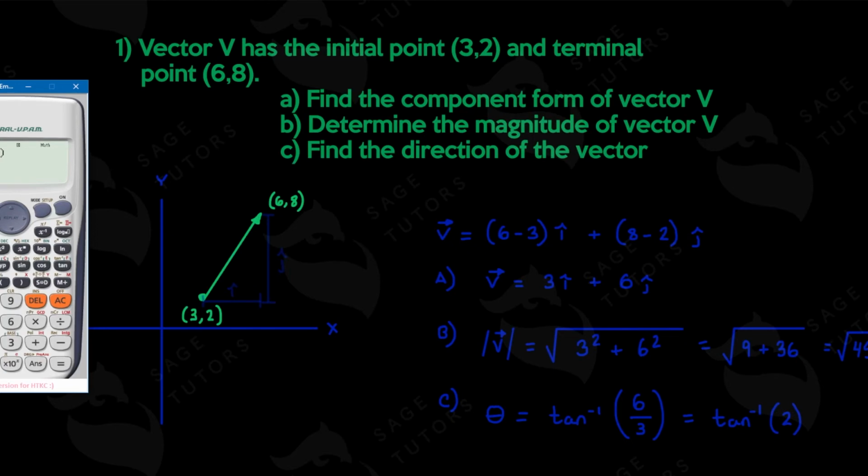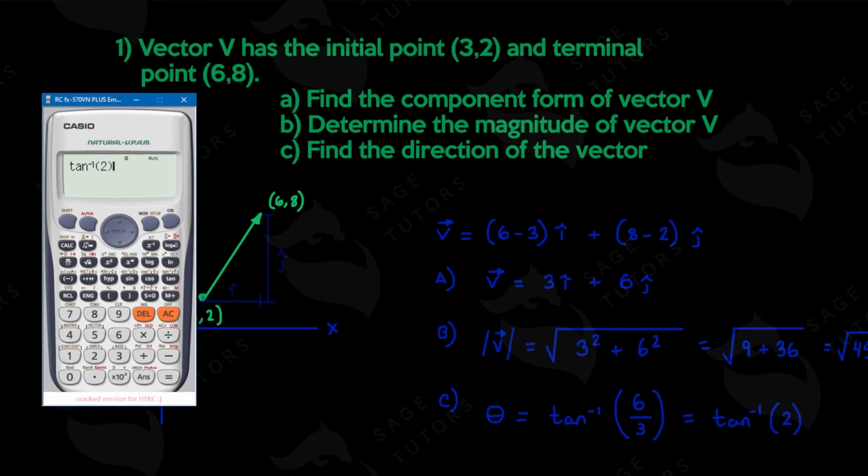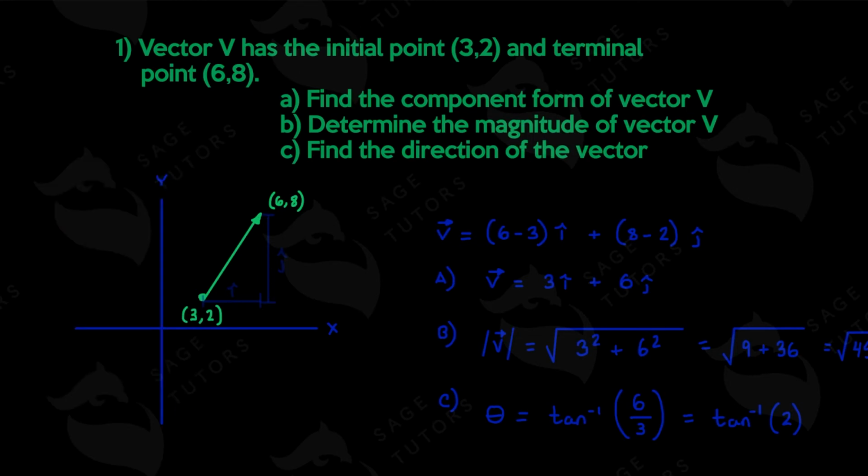Remember to have your calculator in degrees. This is very, very important. You will see that there is a D value in my calculator at the top that tells me that my calculator is actually in degrees and not radians. So this answer gives me 63.43 degrees of direction.